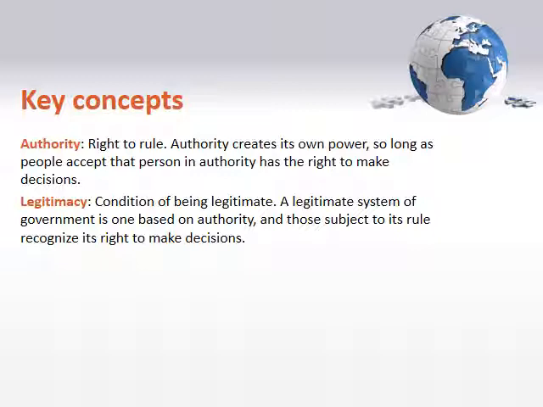A legitimate system of government is one based on authority, where people internal to the country, the citizens of that country, and external to the country, citizens of other states in the international system, view the authority as legitimate. And the people who are subject to the rule of the leaders view the authority figure as legitimate and as having the right to make decisions.